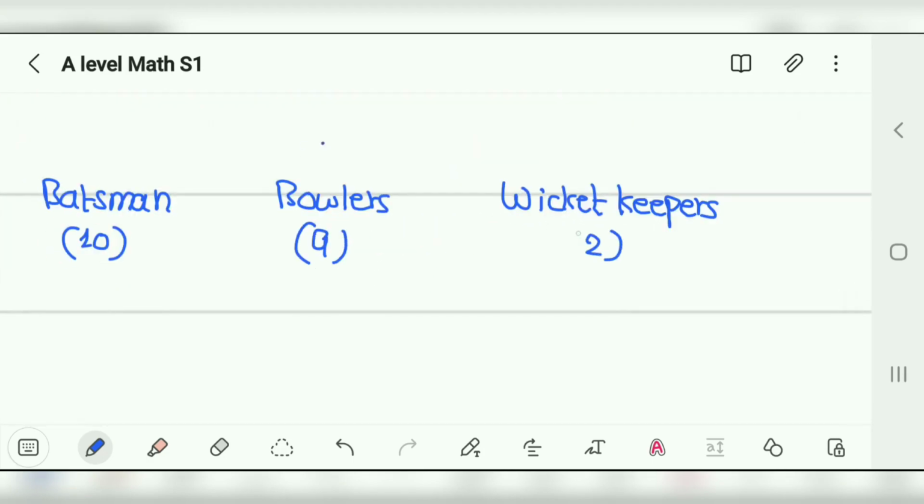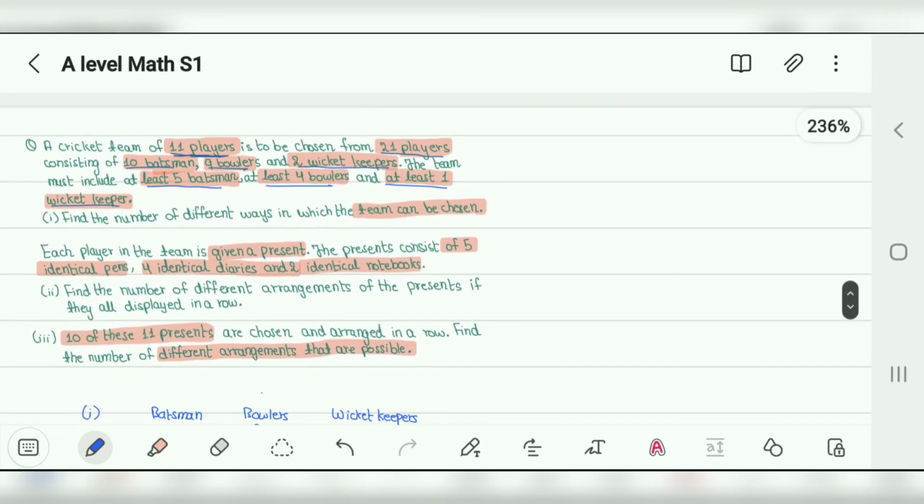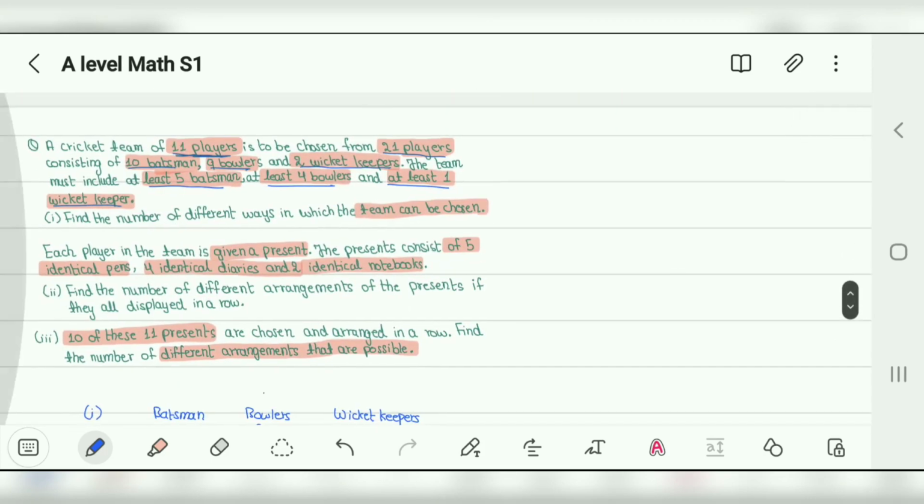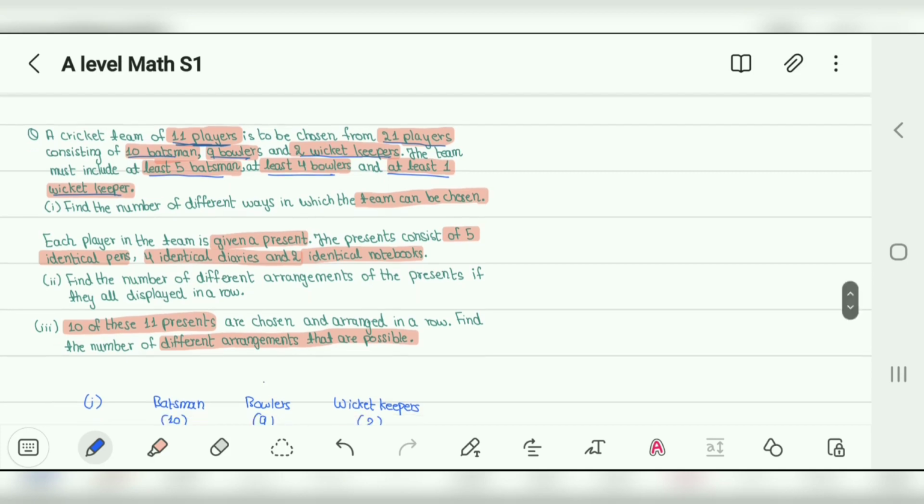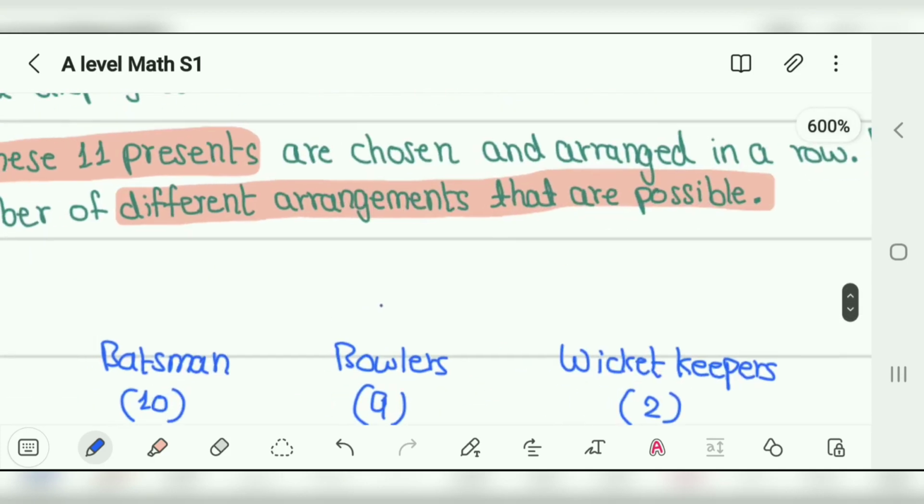Now, 11 players are to be chosen from 21 players. Select 11 players.